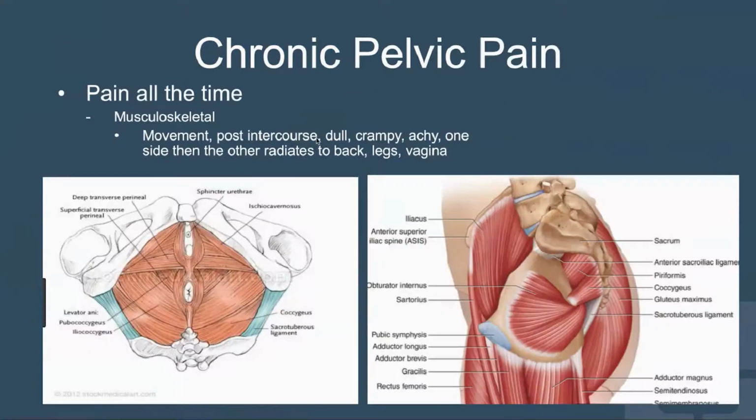But pain all the time can be a little bit broader, and sometimes this is reactive to some other form of pain in the pelvis. So say there's IBS or irritable bowel disease, interstitial cystitis, the pelvic floor muscles will tense up in reaction. And this pain is more of a, gosh, I have pain all the time.